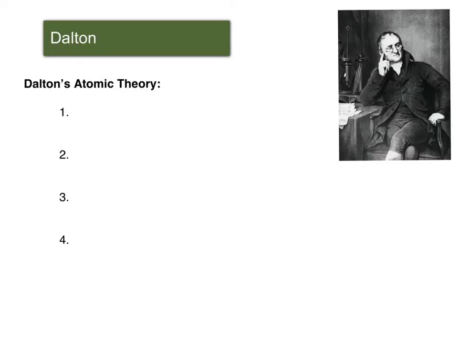Then building on the experiments of Lavoisier and the original theory from Democritus about the idea of the atom, an English chemist named John Dalton proposed a series of postulates that he thought explained how atoms or matter works. And the first is that each element consists of indivisible, minute particles called atoms.